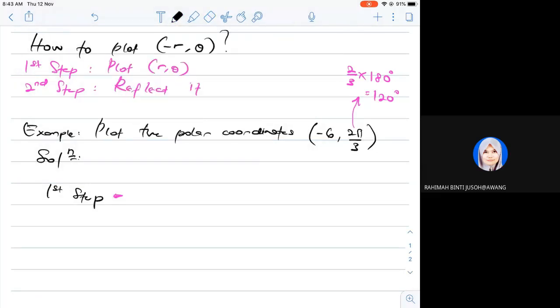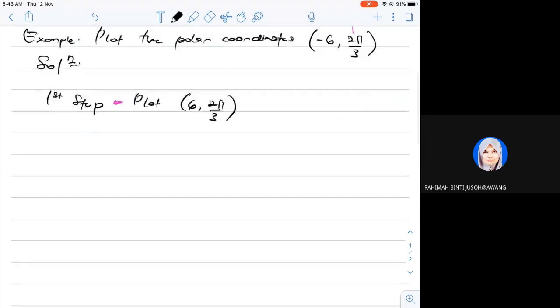First step, we should plot positive 6 and then 2 pi over 3. Plot the positive radius first. See here, positive r. So positive 6, 2 pi over 3 first.